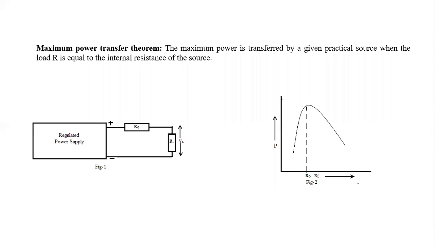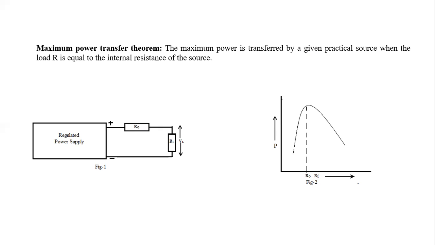Now what is the maximum power transfer theorem? If you see the theory, the maximum power transfer theorem states that to obtain the maximum amount of power from a source, the resistance of the load must be equal to the internal resistance of the circuit.